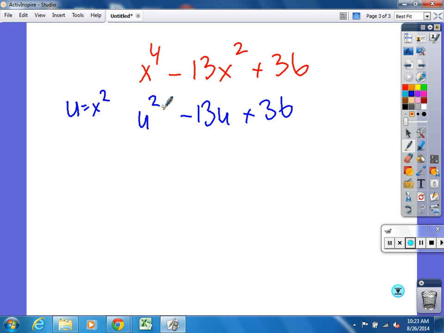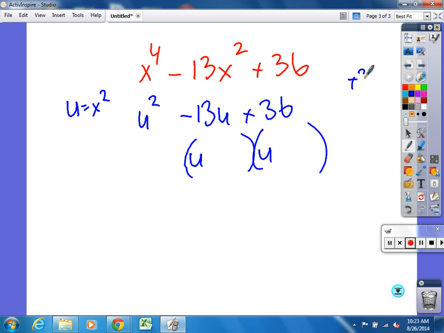Okay, so let's just factor it. This one's really easy to do with the quick method. How do we get a U squared? A U and a U, right? How do we get factors of 36 that add to be 13? Should we do the chart?